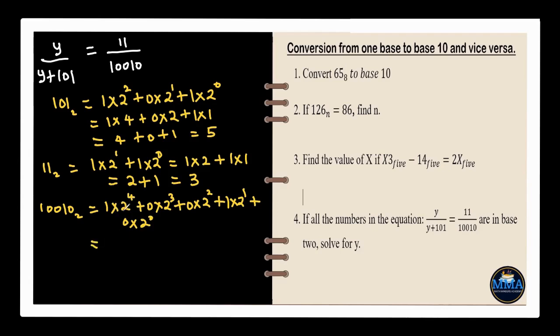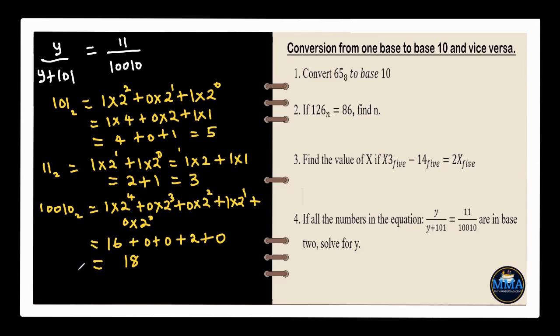So this is 1 times 16 plus 0, since 0 times any quantity is 0, plus 1 times 2 is 2, and 0. So we have 16 plus 2. So this gives us 18.